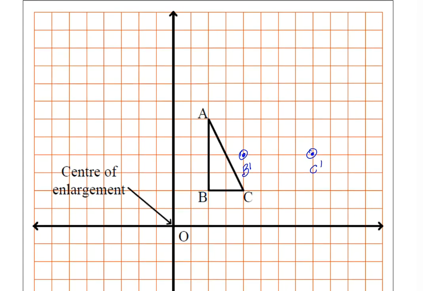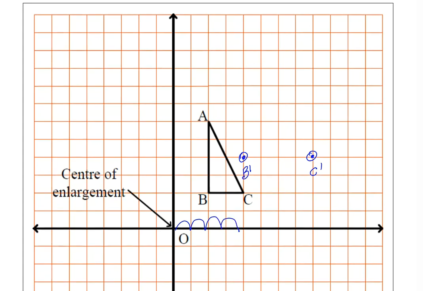Because the scale factor is 2, I must double that distance, so it's 4 right, 1, 2, 3, 4, and 12 up. 1, 2, 3, 4, 5, 6, 7, 8, 9, 10, 11, 12. That will give me the new position of A. This would be A prime.